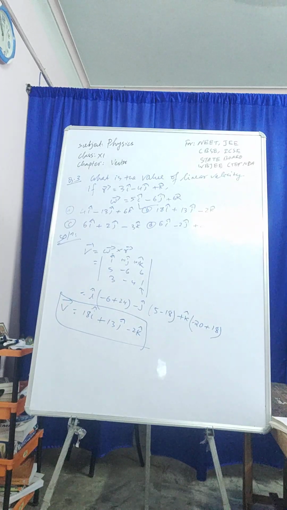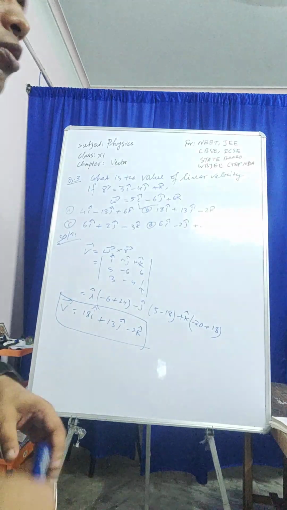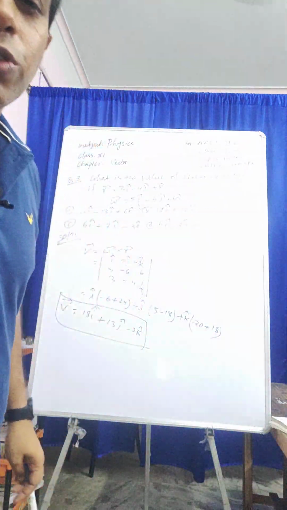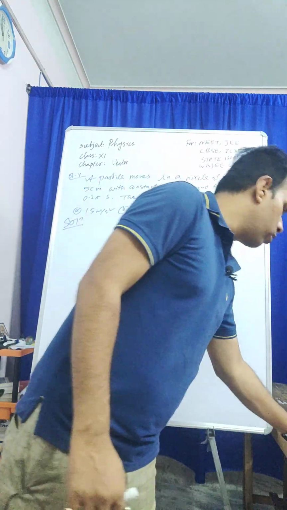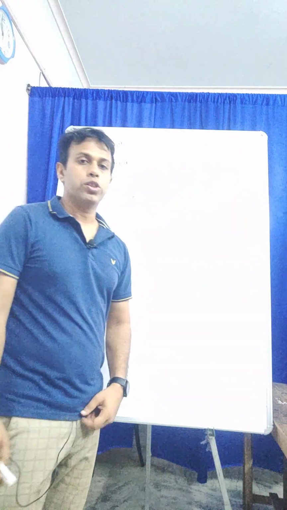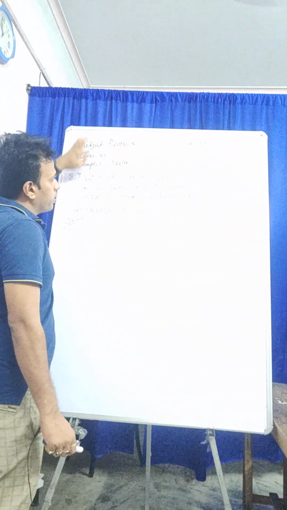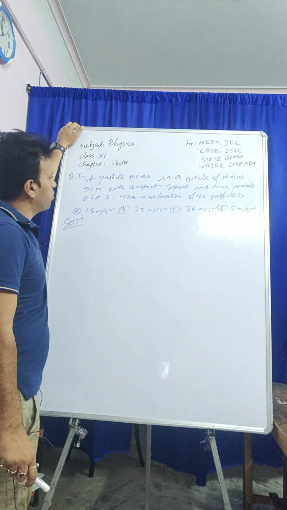Okay, move on to the next question, the last question of the lecture. This lecture will be very short. Now our last question from the topic circular motion. A particle moves in a circle of radius 5 cm.